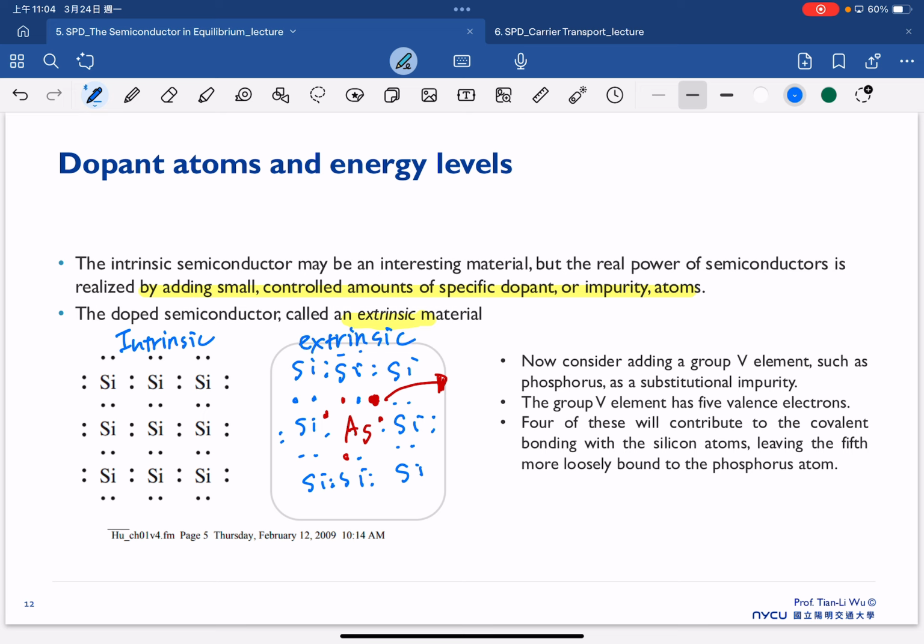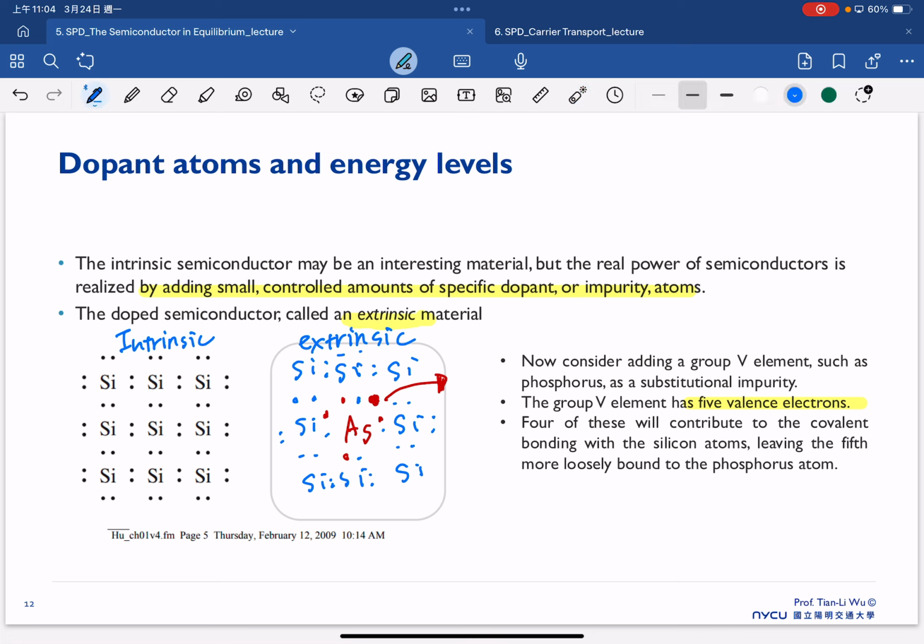semiconductor. Now consider we add a group 5 element such as phosphorus, but in this case we use arsenic. The group 5 element has 5 valence electrons, and 4 of these contribute to covalent bonds with silicon atoms. But there is 1 electron that is not bonded with the others.